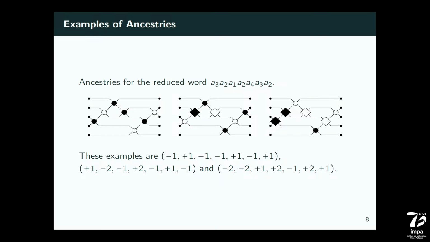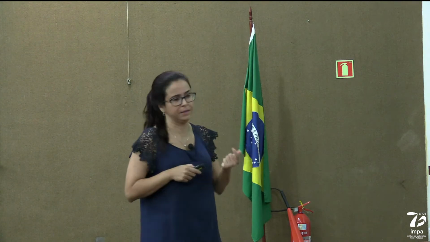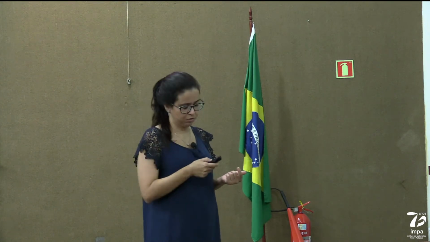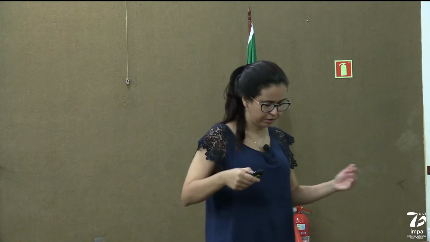So what does it mean? It means that we are in one cell in the CW complex of dimension 1. And so we continue like this. This is an ancestry. And here I see two black diamonds, or in other words, 2 times -2. And this is, we are in one stratum of codimension 2.